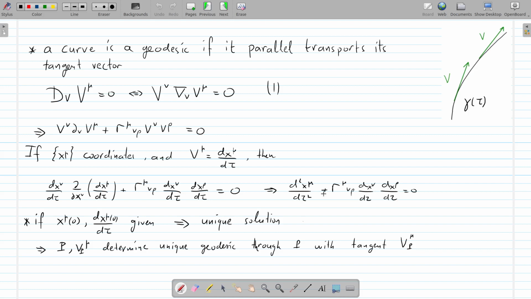And if those functions are given at a specific point, and we know the rate of change at that point, this will give us a unique solution. So we are led to conclude that if we have a point P and a vector V at that point, that determines a unique geodesic through P with tangent vector V.